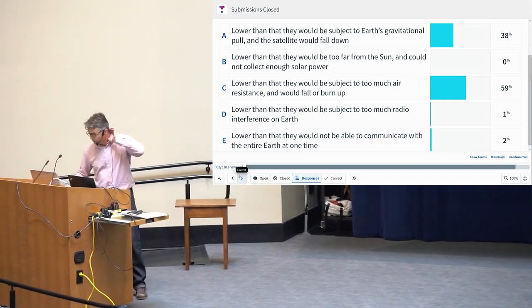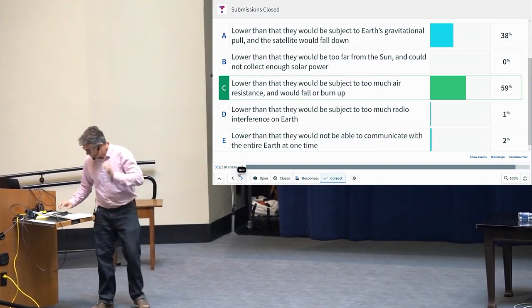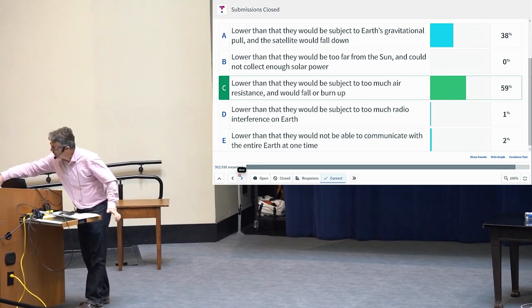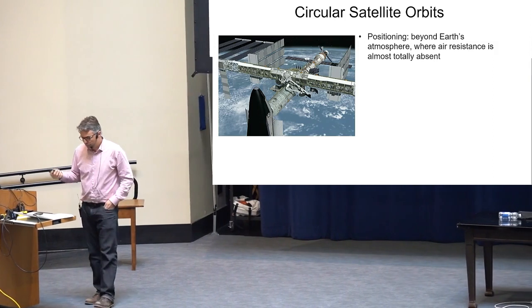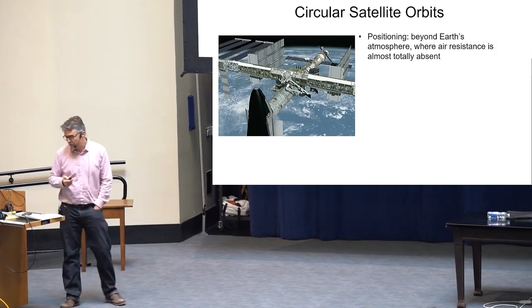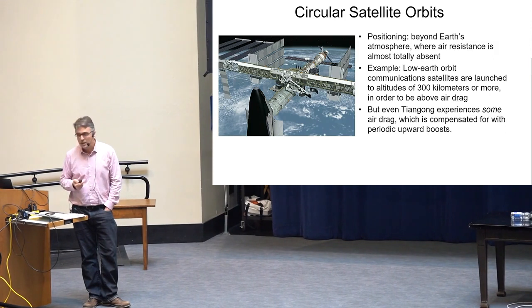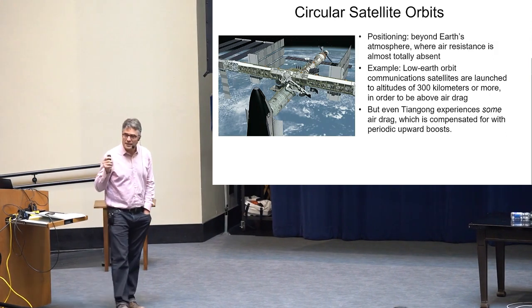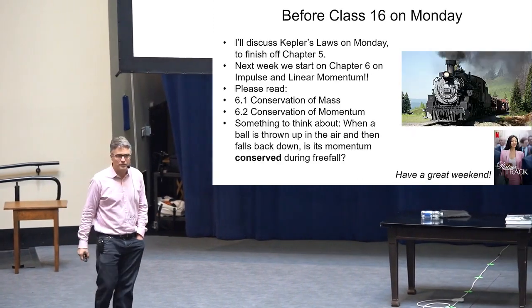That's what it's all about, okay? So you've got to get above the air. You position your orbit above the Earth's atmosphere where air resistance is almost totally absent. But even these satellites experience a bit of drag, so they need occasional boosters to speed them up.